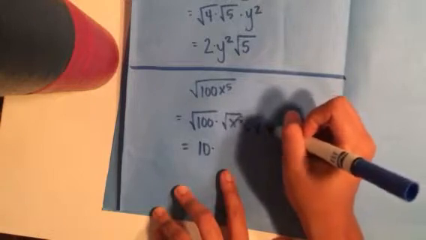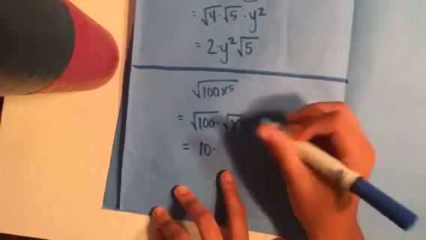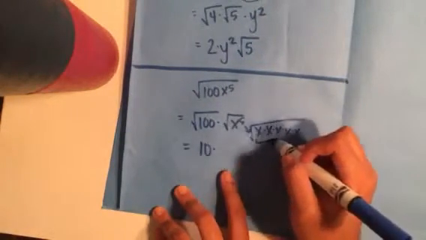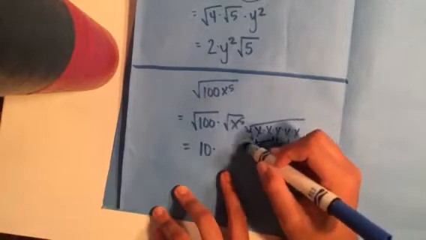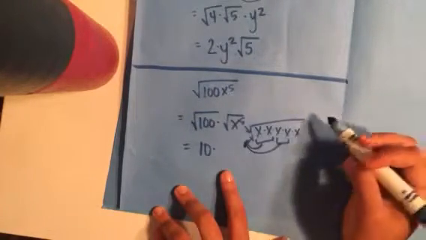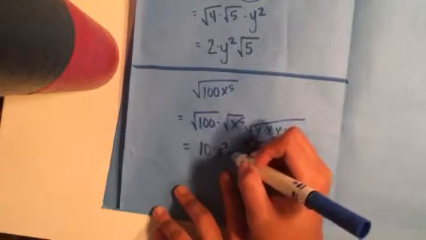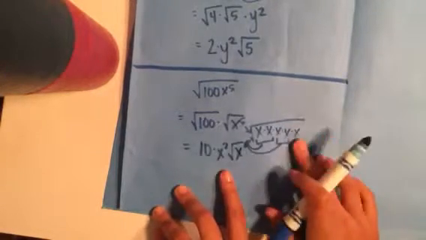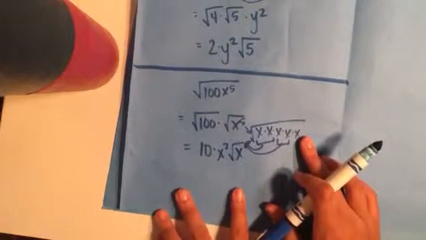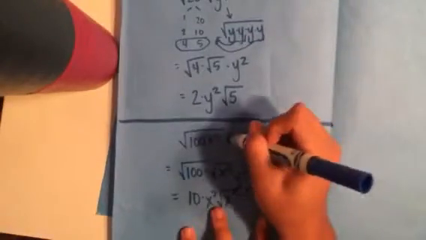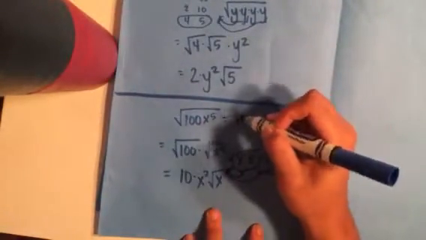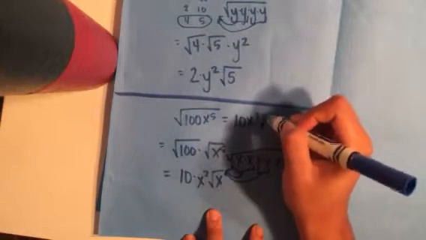It's x times x, x, x, x. Okay, so we see two pairs of x's there. So that would be x squared, and then you leave one of those x's underneath the radical. So it looks a little sloppy down here, so I'm going to rewrite it right beside its original expression.